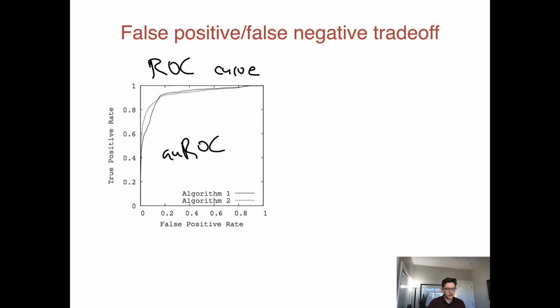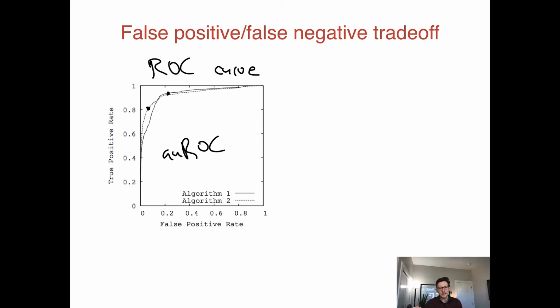Usually, I think the right thing to do is to pick some reasonable values, maybe a couple of different reasonable values for the relative loss of false positives versus false negatives. Then for each algorithm you're trying to compare, find the actual value on the curve that corresponds to choosing that trade-off, and then say what is the expected loss in that circumstance.